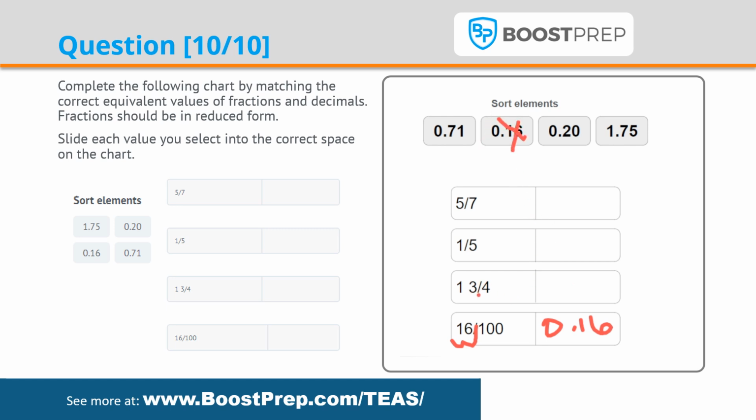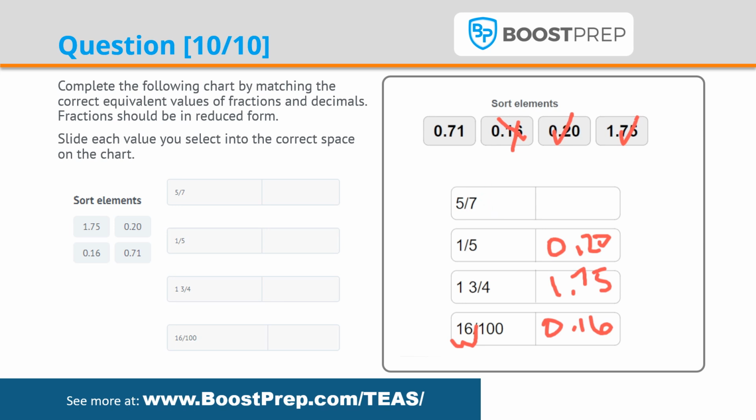This next one, 1 3/4, we know that 3/4 is 0.75, so 1 3/4 is 1.75, which takes care of that one. Now 1/5, we should know that that equals 0.20, or we can use the calculator or divide 5 into 1 to get 0.20, which takes care of that one.